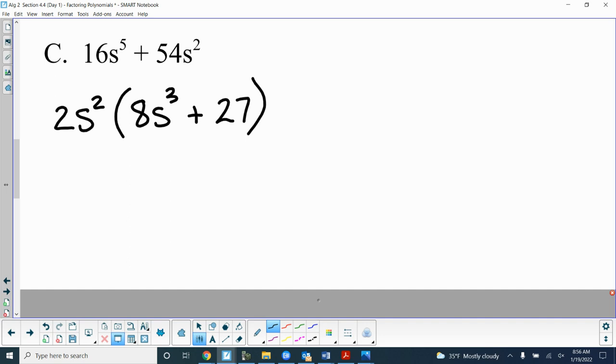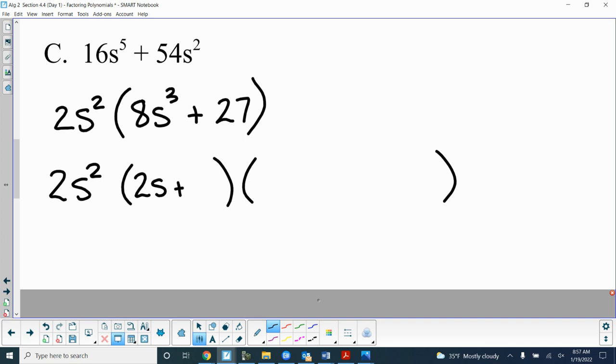All right, so we bring down our 2s squared. That's still part of our factored form. There's our binomial parenthesis, here's our trinomial parenthesis. What's the cube root of 8s cubed? 2s. Is it plus or minus in my binomial? Plus.